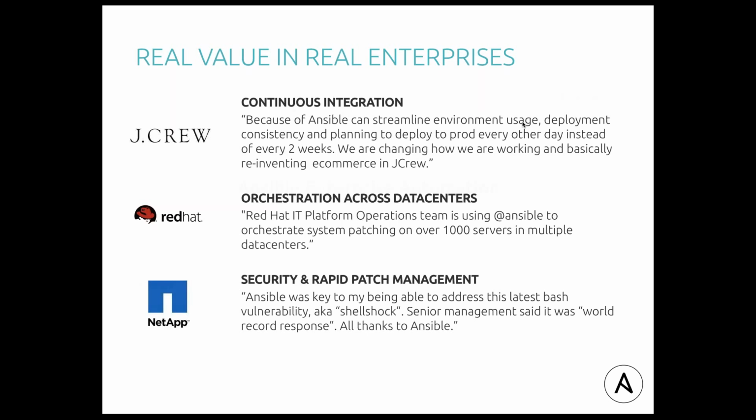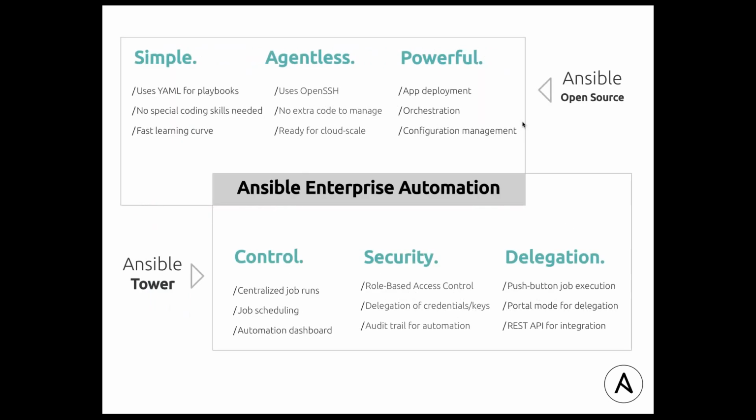Now, that all said, we've talked a lot about Ansible, open source. I've mentioned a few times that it's 100% open source and freely available. It's full-featured. We don't hold back any features from it in order to sell a product or anything like that. What we do sell is Ansible Tower, and Tower does not replace Ansible.